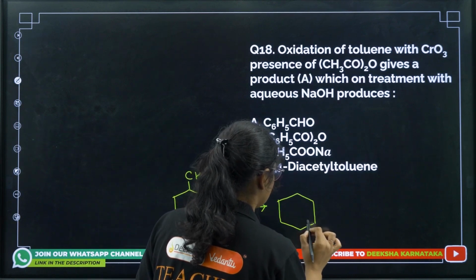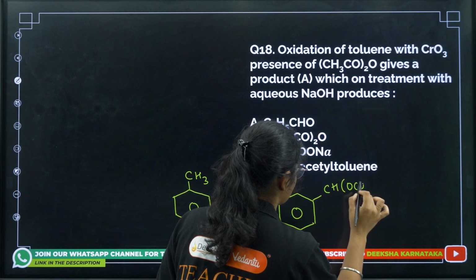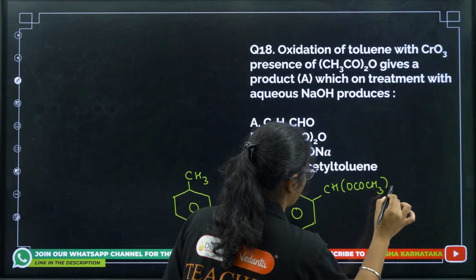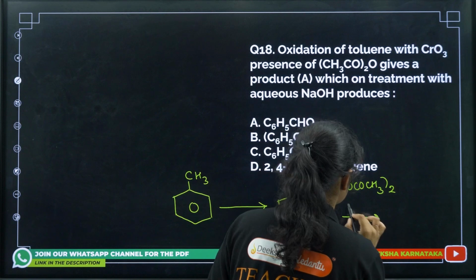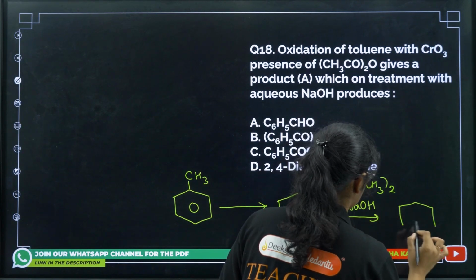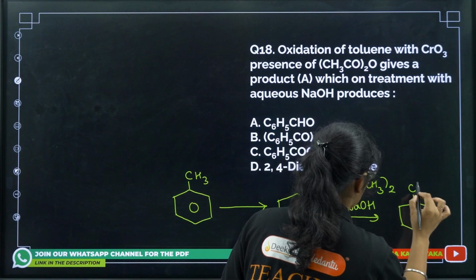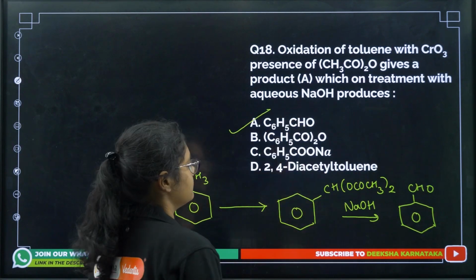So we used to get the compound like this, C6H5CH(OCOCH3)2, and then if you treat it with NaOH, this used to give you benzaldehyde, right? So the correct answer here will be option number A.